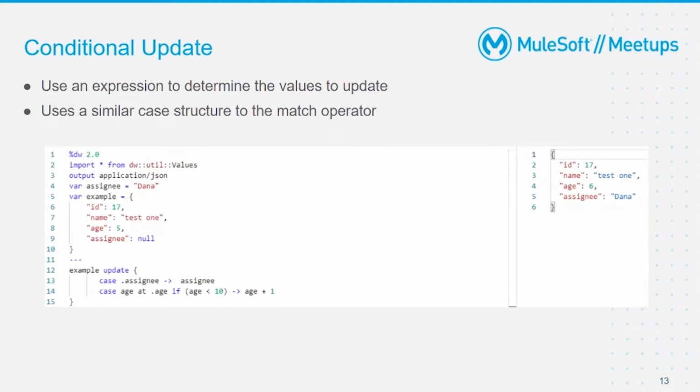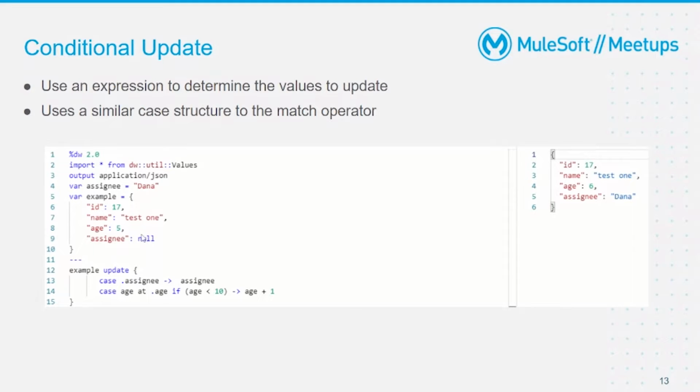But there are certainly some examples of it there, and some very good blogs from MuleSoft that are written on this update operator. You may recognize this case structure from the match operator, which is sort of DataWeave's case and match operator, where you have a series of matching statements to see what to edit about your object.